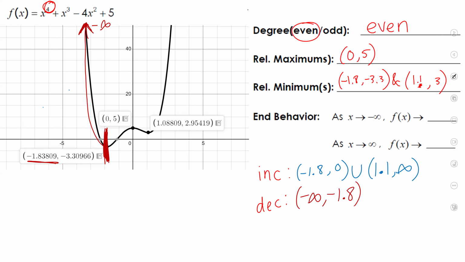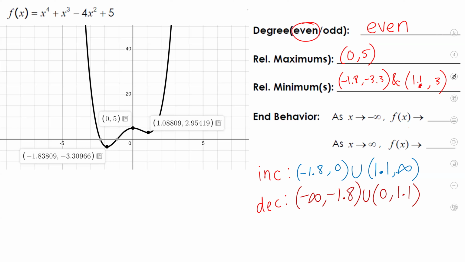That's where it's decreasing. All right, and then it's decreasing again from here to here. It's going down. That's between the x value 0 and the x value 1.1. I'm going to round this to 1.1. So that's 0 to 1.1. That is the decreasing interval.